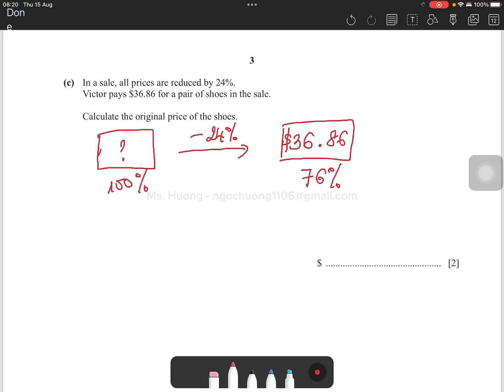So now to find the original price, we need to divide 36.86 by 76 to find the value of 1%. And then we multiply the value of 1% by 100 to find 100%. So the answer is $48.50.